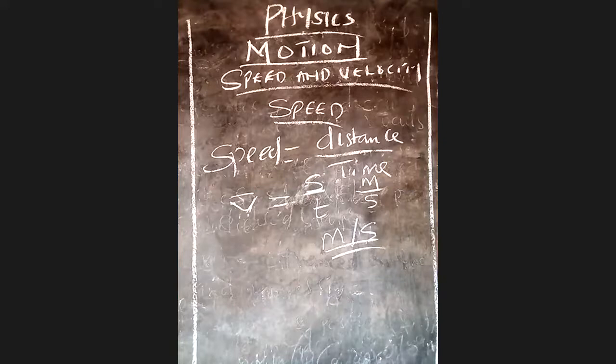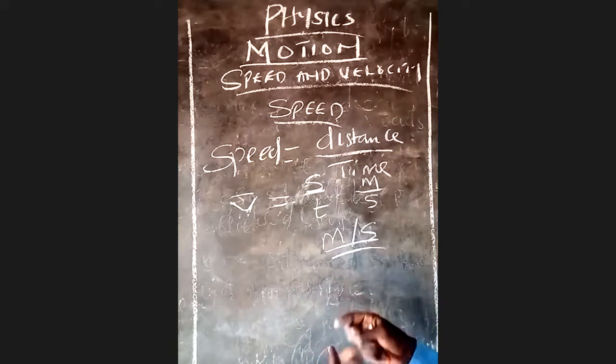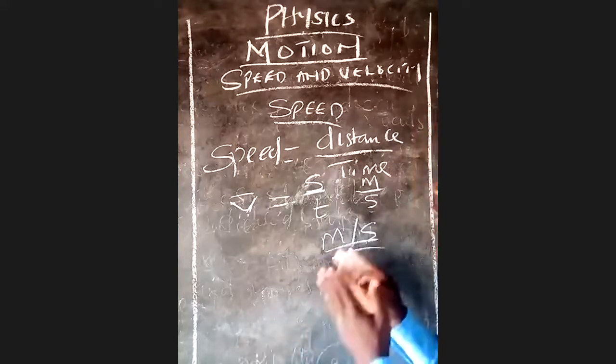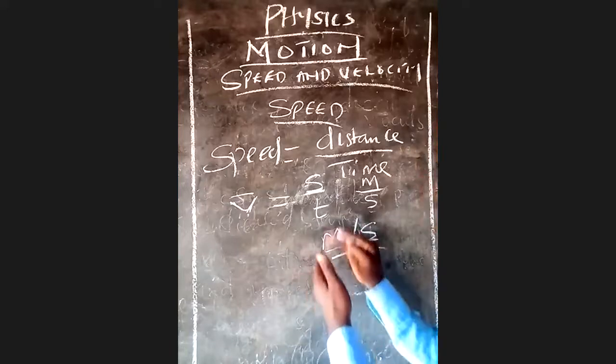Other multiples of that unit are centimeter per second and kilometer per second. It depends on how the question comes. When it comes in meters, we solve it in meters. When it comes in centimeters, we solve it in centimeters.